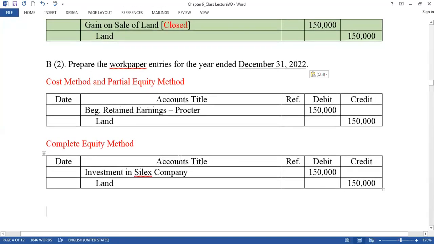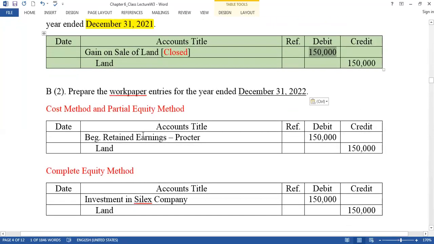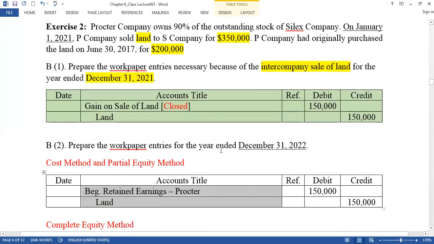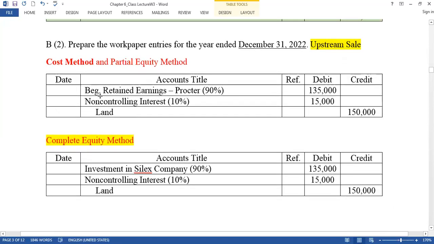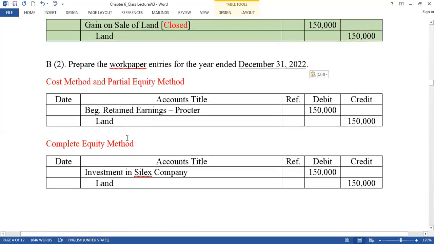We close all 100% of the gain. So you can see the comparison, same question, only changes here. If it is upstream, we add non-controlling interest. If it is downstream, the first journal is similar, and the second journal is only the Procter company, no NCI.